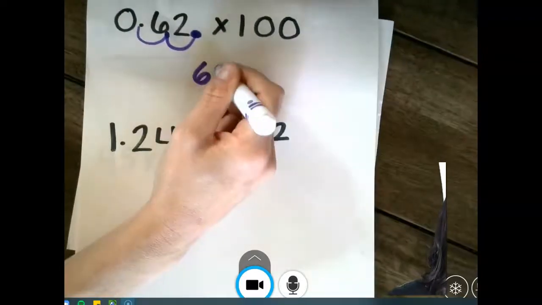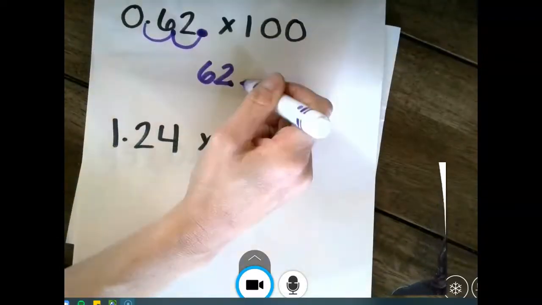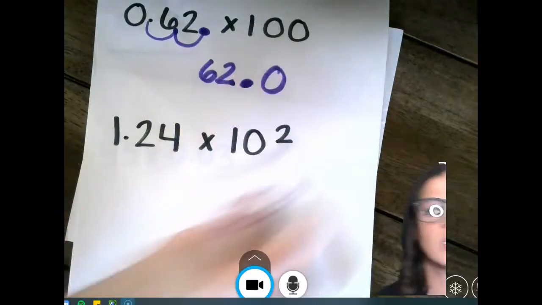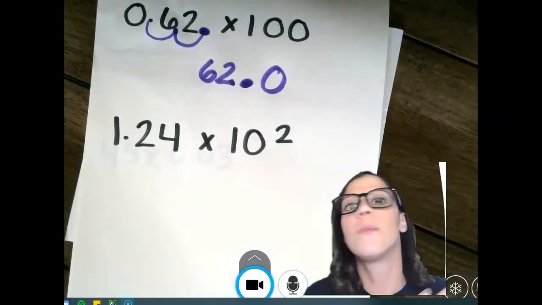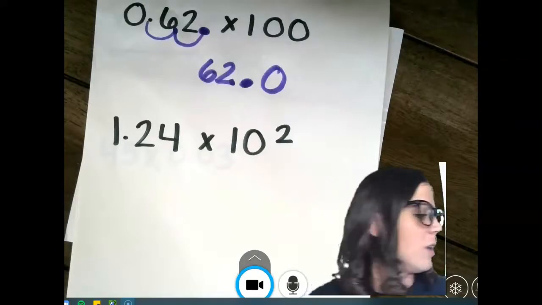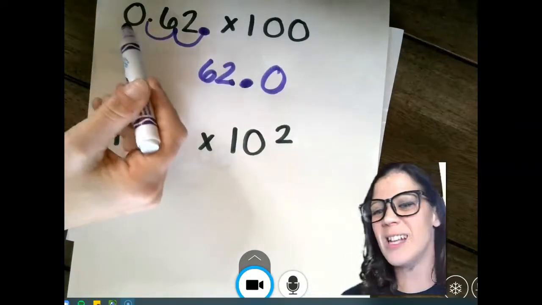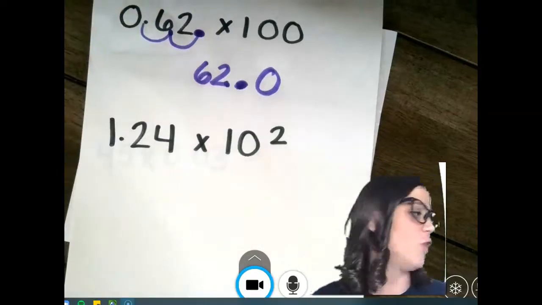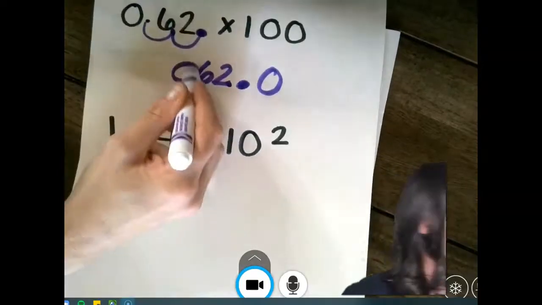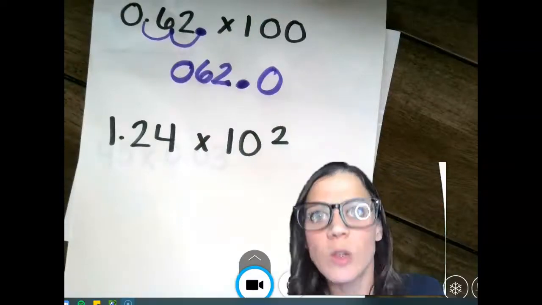My new number would be written 62 point, and I always want to put a 0 at the end to show that there's something that goes after the decimal. A lot of kids ask, do I still need to write that 0 that was at the beginning? I never do, but if you wrote your number like this, that would still be right, so that's okay.